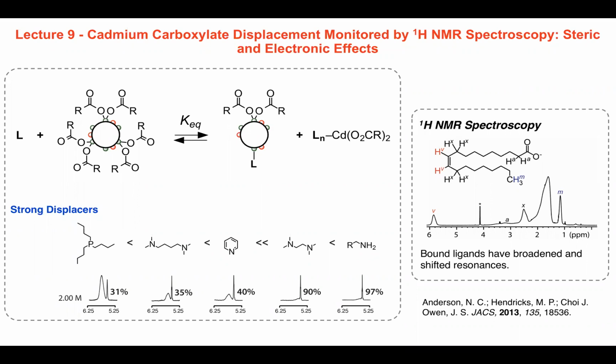They pack with higher density because of their size. Tributylamine is too big to do this reaction. Tributylamine binds cadmium oleate. It does not bind a quantum dot very well. Things like trioctylphosphine oxide are way too sterically encumbered to be meaningful ligands for a nanoparticle surface, for any surface.